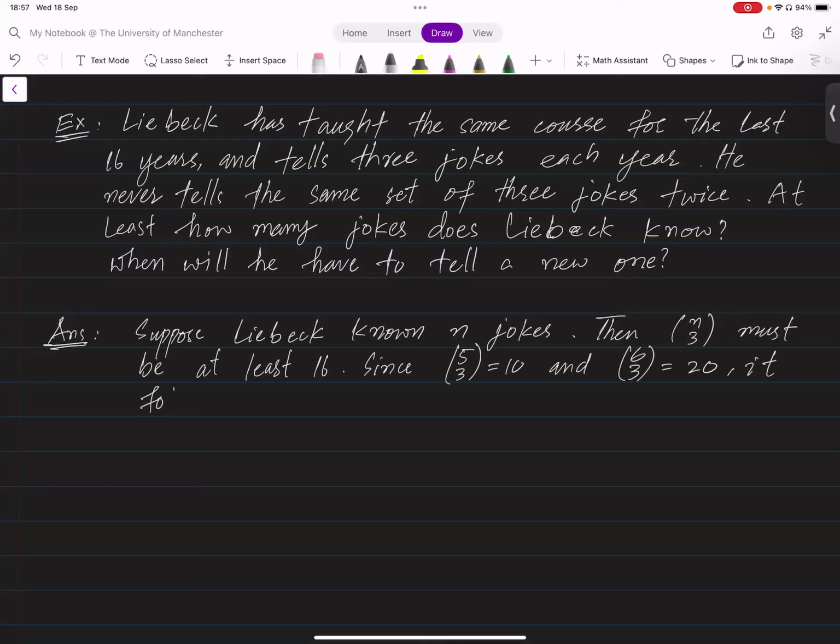It follows that n is greater than or equal to 6.